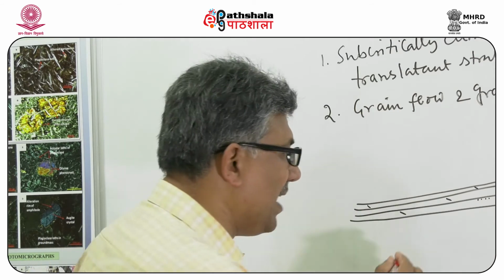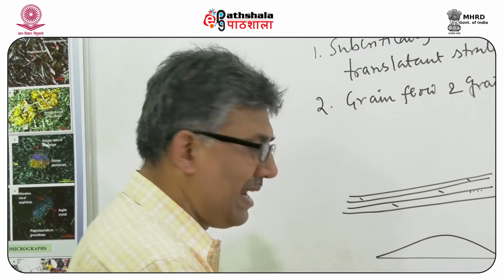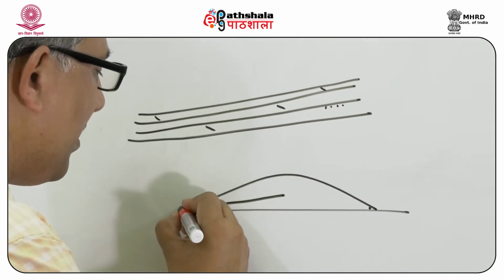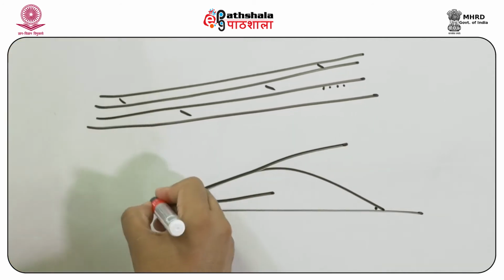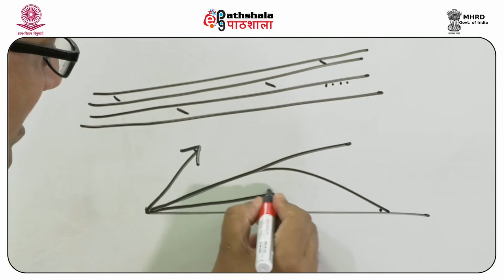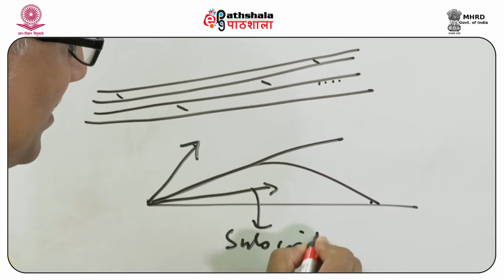Now, this climbing can be in three different ways. A climbing can be less than the Stoss angle, a climbing can be following the Stoss angle, a climbing can be more than the Stoss angle. If the climbing is less than the Stoss angle, then we call it subcritical climbing.